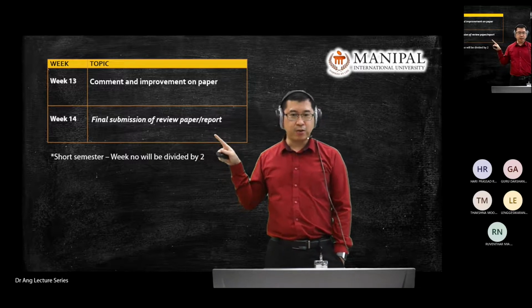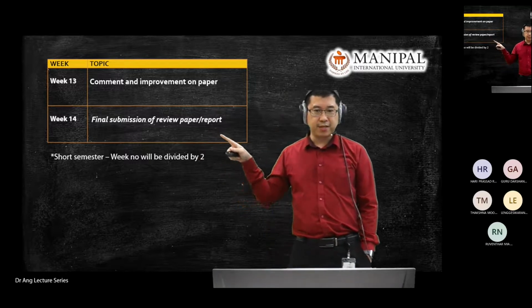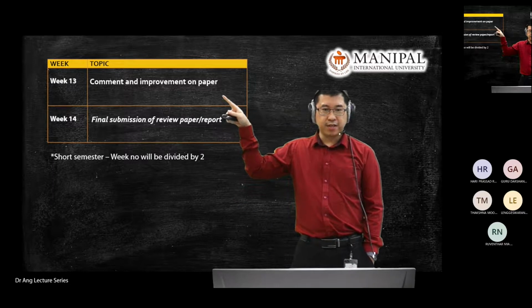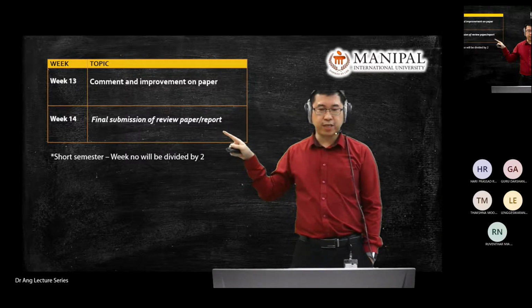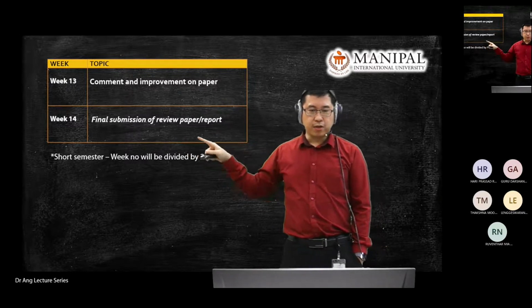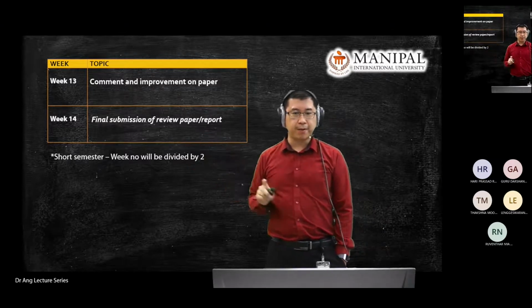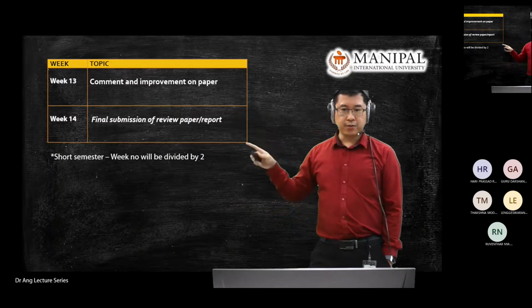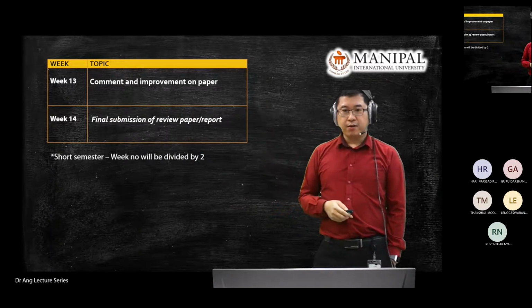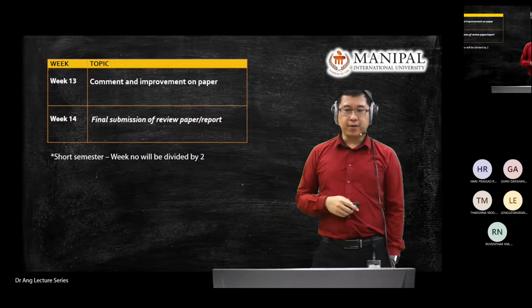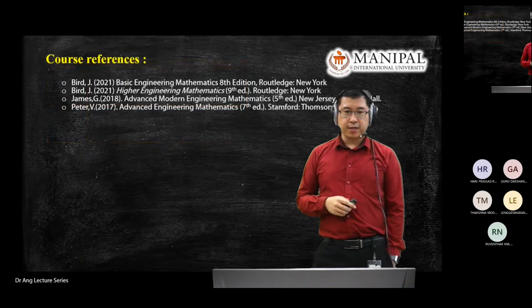It can go up to 80 or 85 marks. If you do correction in week 13, you submit in week 14, I will let you know your marks once I mark your paper. So this is how we handle this technical seminar.